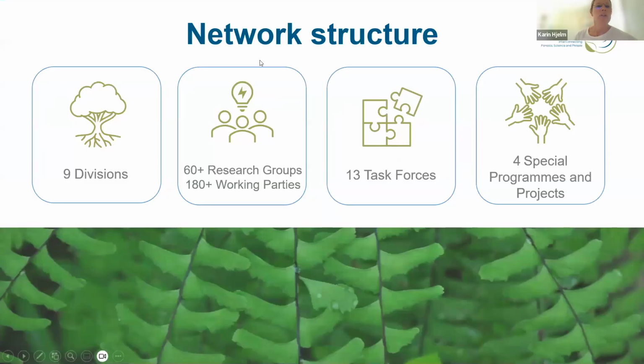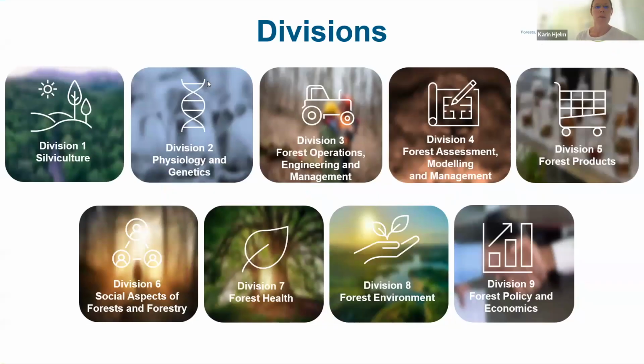The network structure looks like this. There are 9 divisions, more than 60 research groups, and more than 180 working parties. There are 13 task forces and 4 special programs and projects. So, as you saw, there are 9 different divisions, and our unit belongs to Division 1, Silviculture.